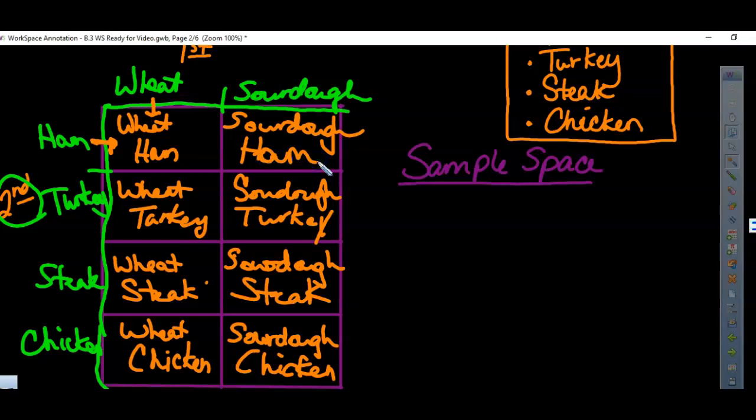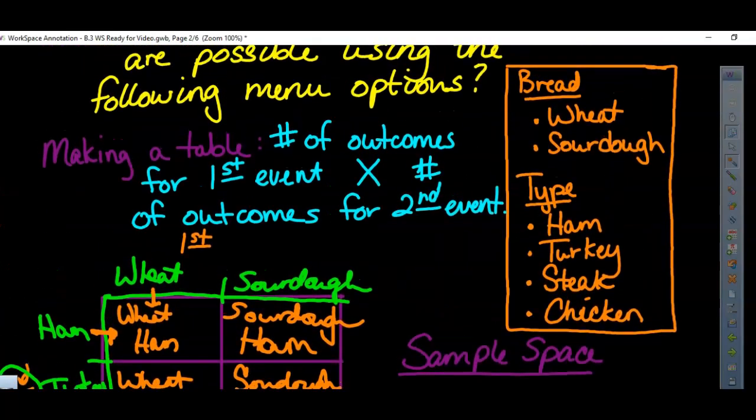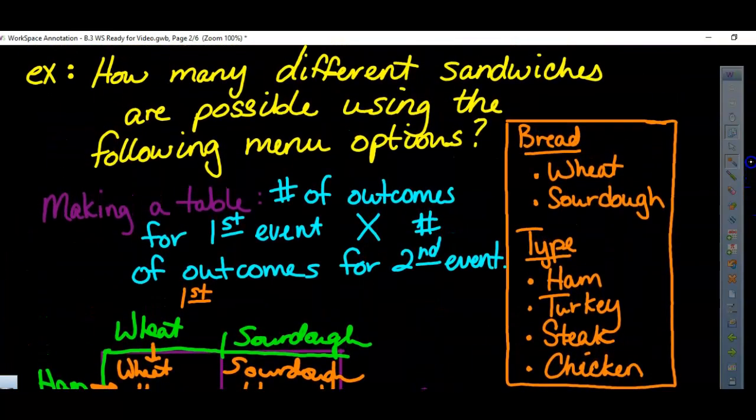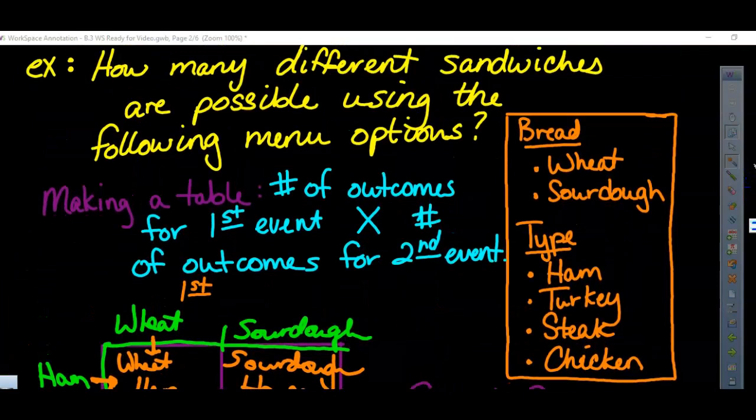All right, so now that we have our table filled out, again, the table represents all of our different options here. And we go back to the original question. It's asking us how many different sandwiches.